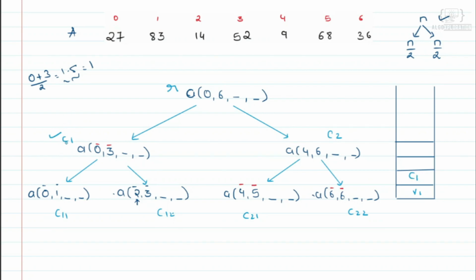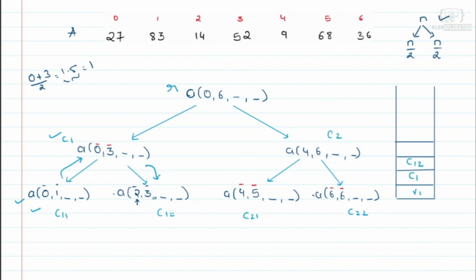Then C1 will call C11. Now since it is a small problem, it will execute and return its value to its parent, that is C1, and due to this it will get popped. So let's delete it.